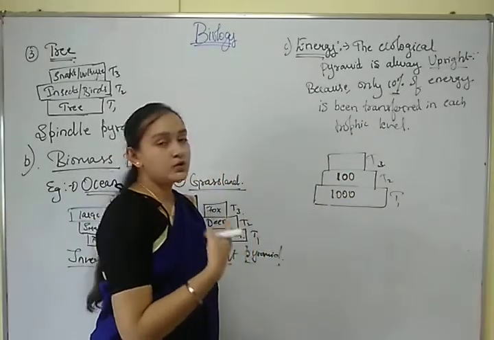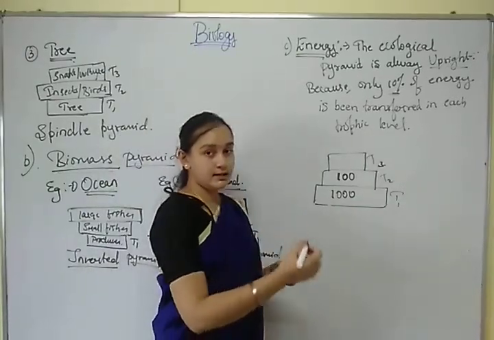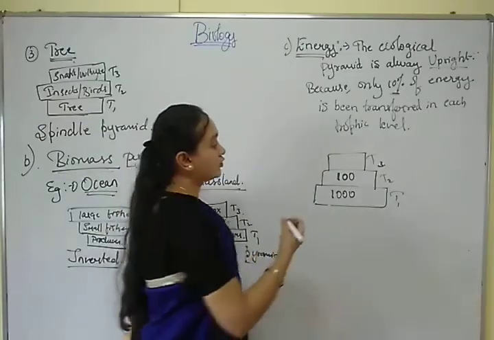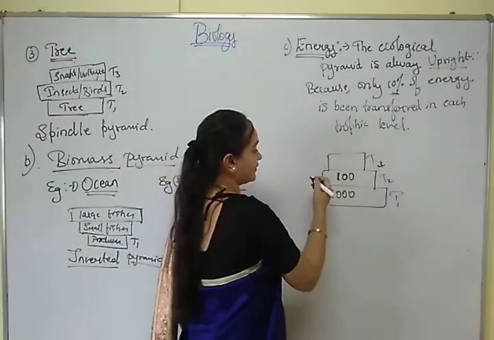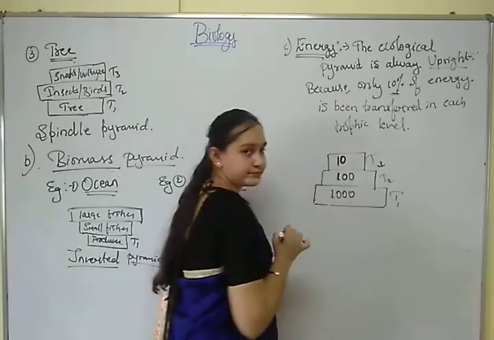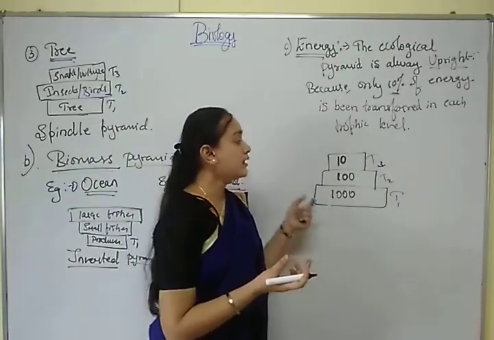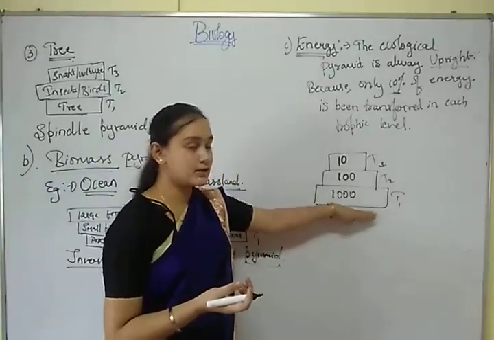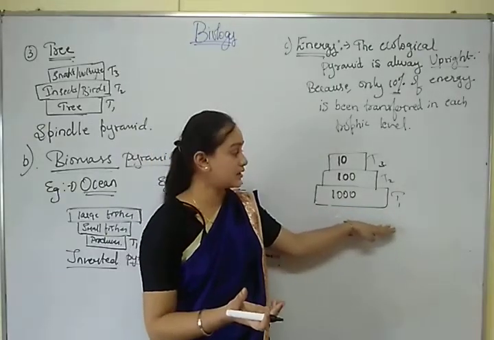Next, going from T2 to the tertiary trophic level, again only 10% of the 100 is transferred, so here it is 10. So if we consider energy, the producers have more energy.